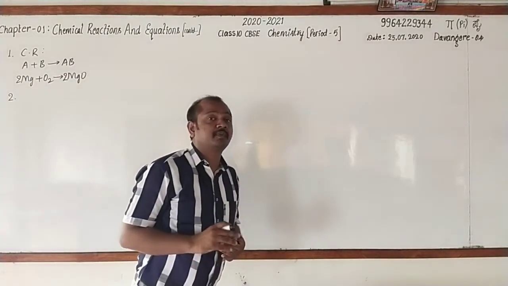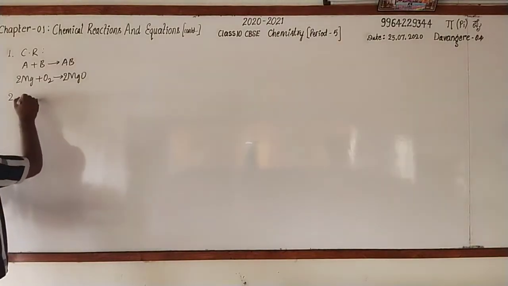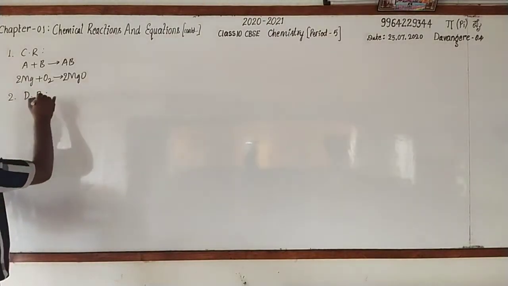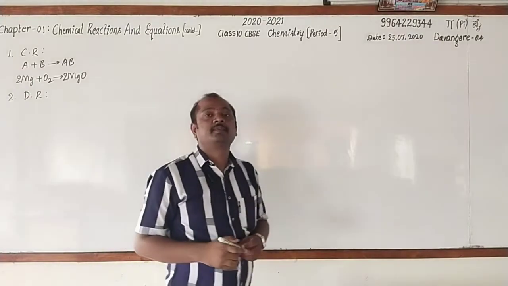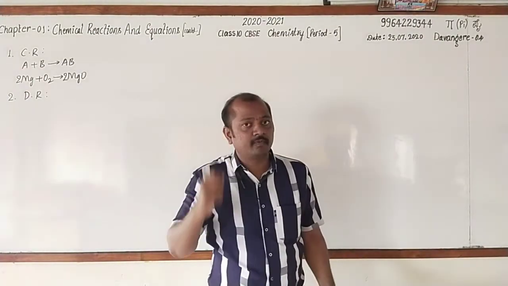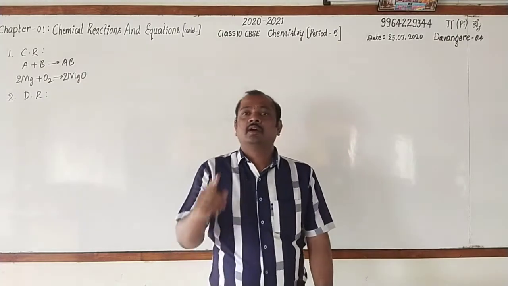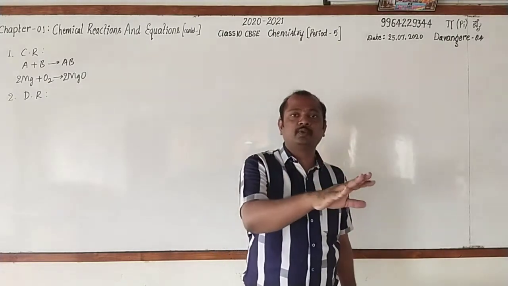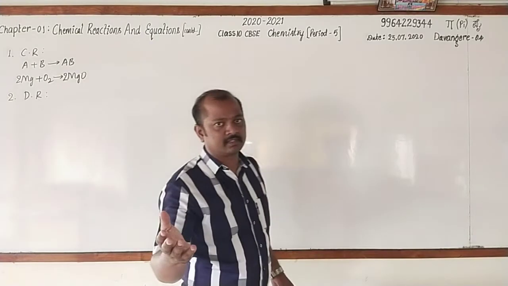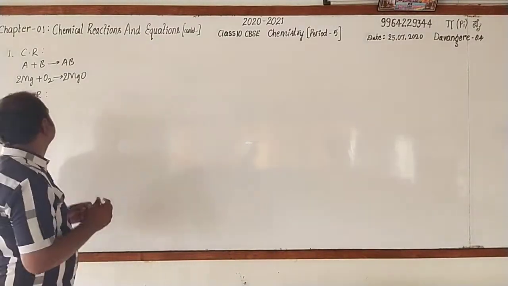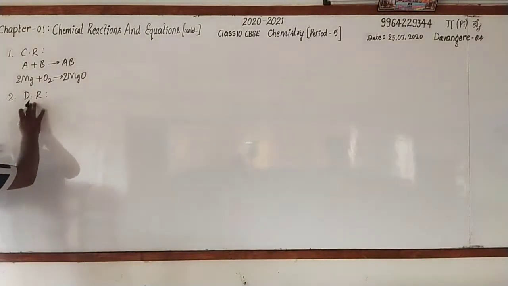Next, the second type of chemical reaction is decomposition reaction. Is it not? Then tell the definition of it. The type of chemical reaction in which a substance gets split up into two or more substances is known as decomposition reaction. And what is its general form?